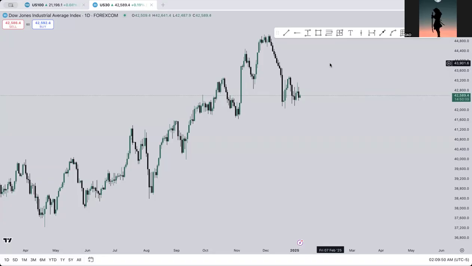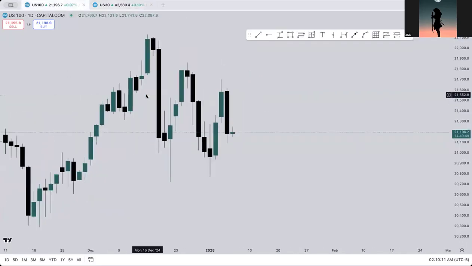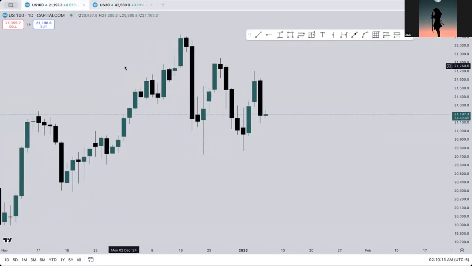Frameworks entail two parts, which are external price range and internal price range. I'll be using NASDAQ as an example for that.